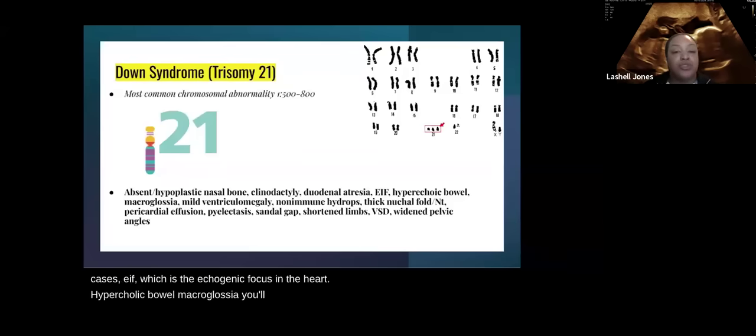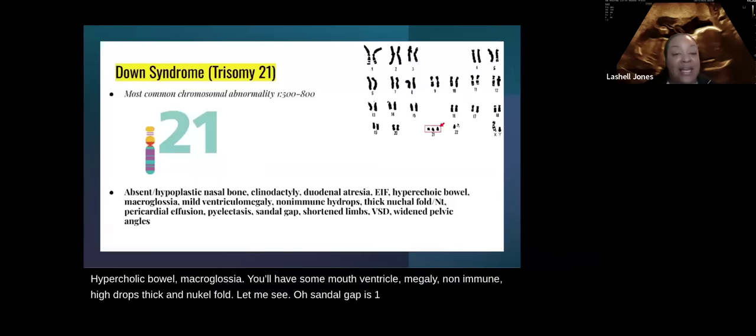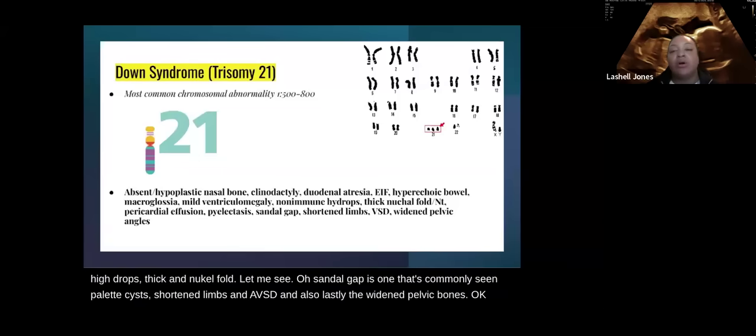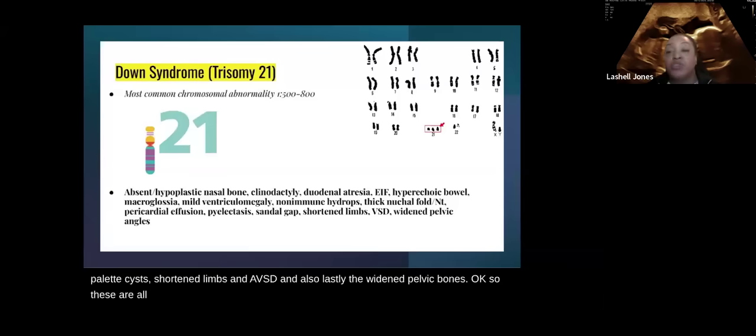You'll have some mild ventriculomegaly, non-immune hydrops, a thickened nuchal fold. Let me see. Oh, sandal gap is one that's commonly seen, pyelectasis, shortened limbs, and a VSD. And also, lastly, the widened pelvic bones. Okay, so these are all pretty standard ultrasound markers related to Down syndrome.